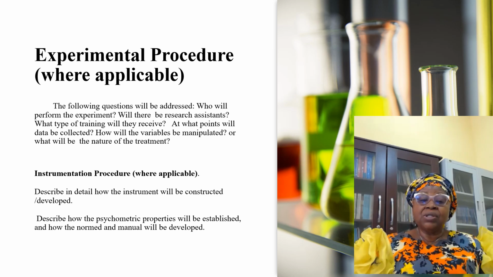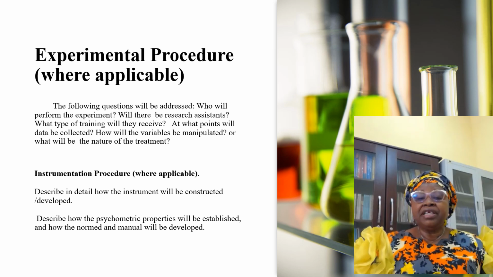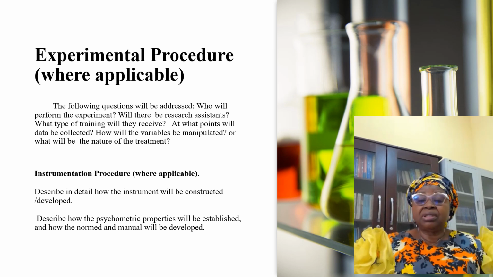The following questions should be addressed. Who will perform the experiment? Will there be research assistants? What type of training will they receive? At what point will data be collected? How will the variables be manipulated? Or what will be the nature of the treatment? These need to be stated.